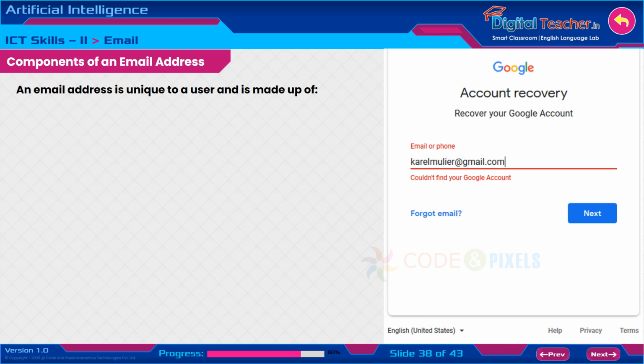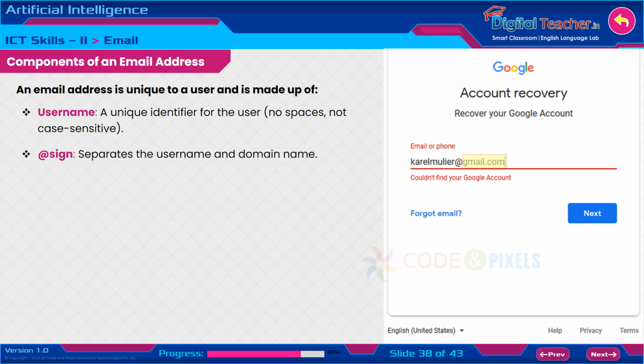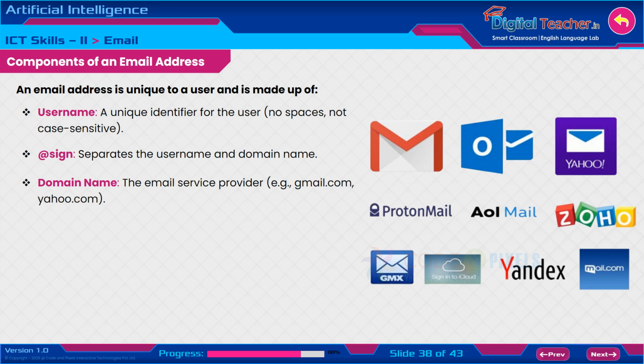An email address is unique to a user and is made up of username, a unique identifier for the user. @ separates the username and domain name. Domain name, the email service provider.